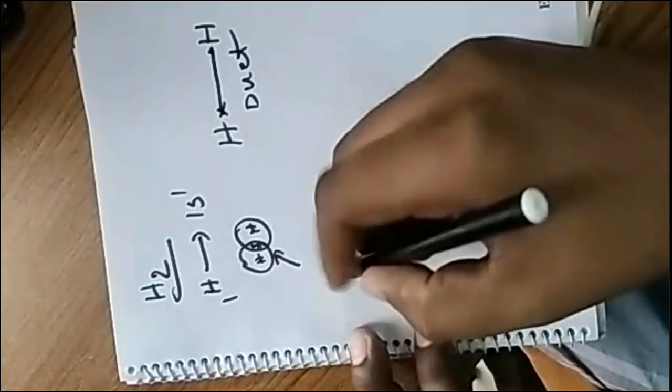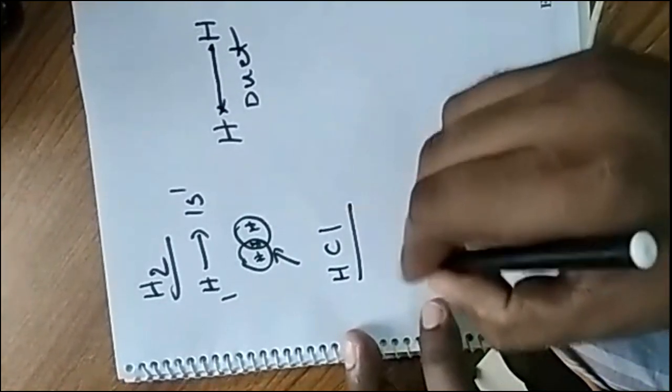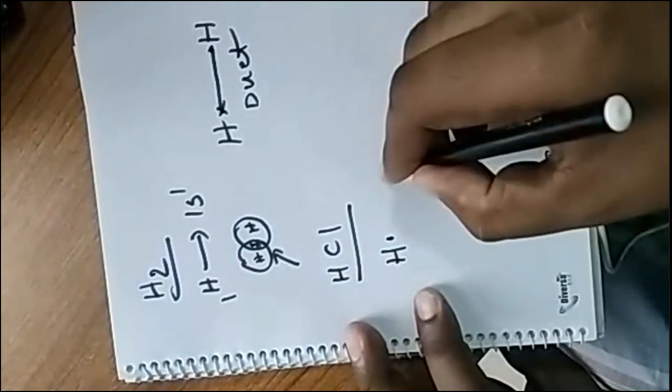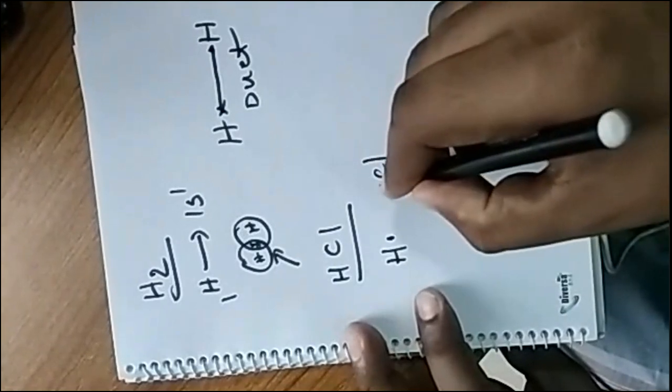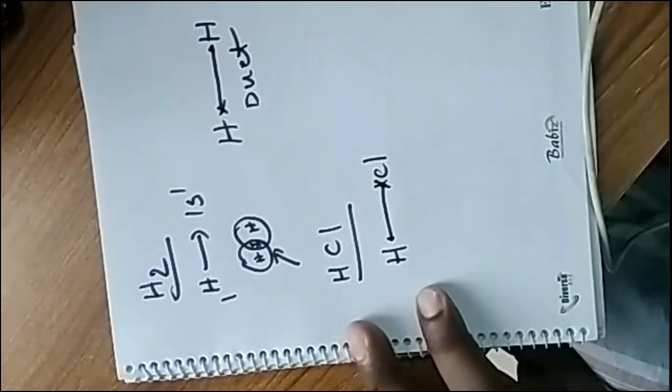I told this in my last class. Suppose for HCl, one electron from hydrogen and another electron from chlorine. So by this way, HCl is formed.